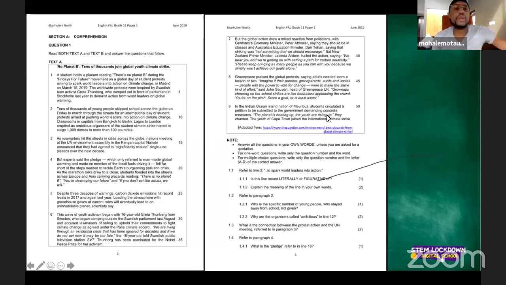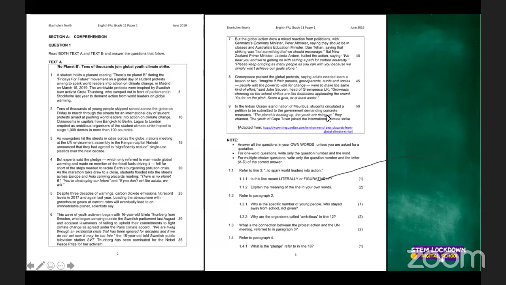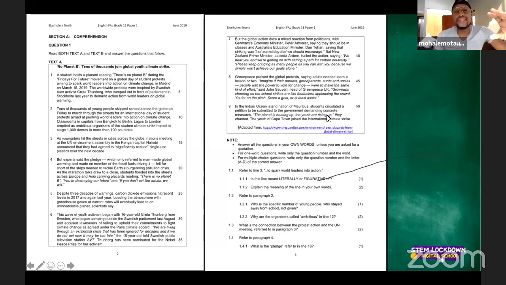For example, if we look at paragraph 1, it says, "A student holding a placard reading 'There's no planet B' during Fridays for Future movement on a global day of student protest aiming to spark world leaders into action on climate change." Looking at paragraph 1, you can already see what they're trying to tell us about. That is called skimming.